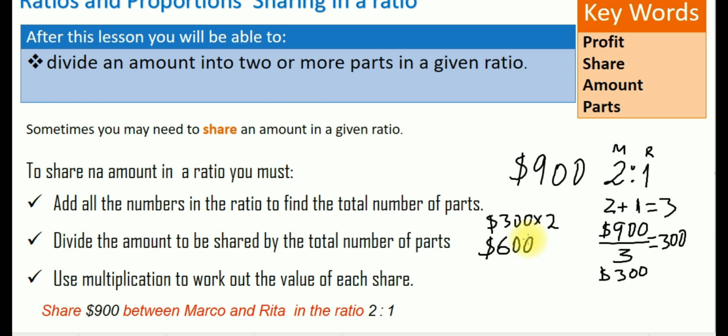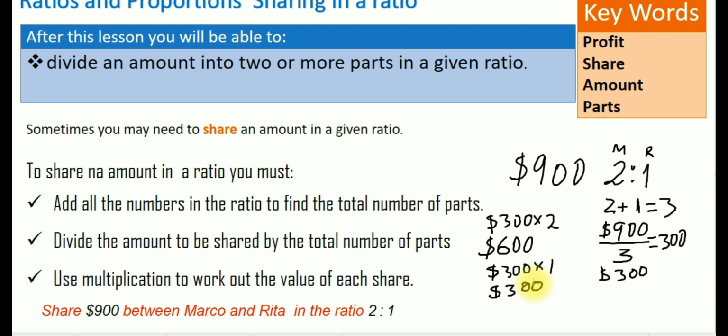And the same we do with Rita. 300 multiplied by 1, the result is 300. So we represent this as a ratio like this.